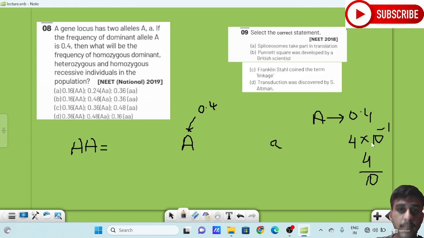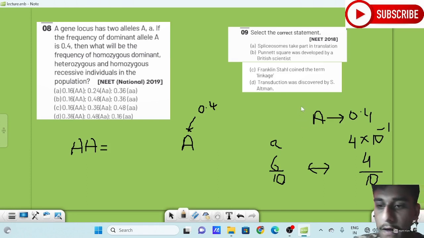The rest will be 6. 10 minus 4. Then the frequency is 6 by 10, which means 0.6. The frequency of small a is 0.6, so homozygous recessive is 0.6 into 0.6, which is 0.36. I think you are getting it.